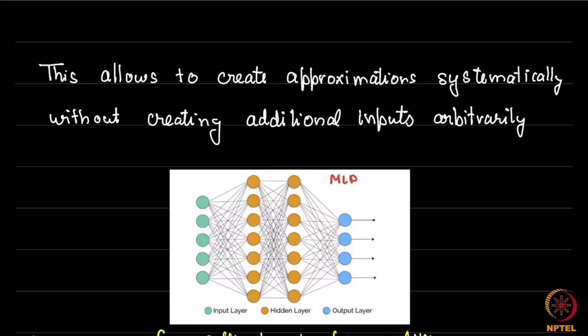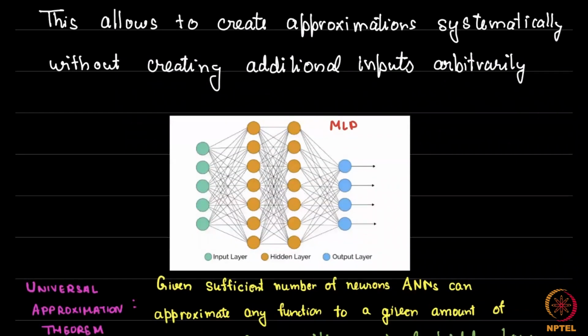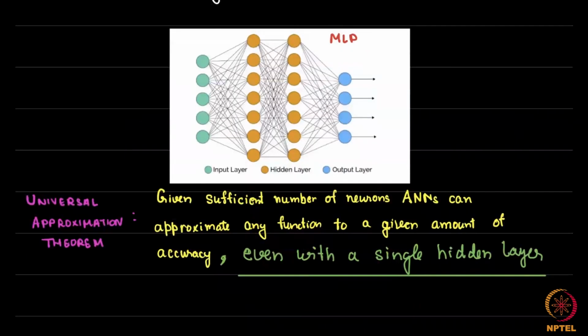And as it turns out, that's good enough. In fact, we have the universal approximation theorem, which says that even with one single hidden layer, one intermediate calculation layer, you can approximate any function to any given amount of accuracy, provided you give me a sufficient number of neurons.